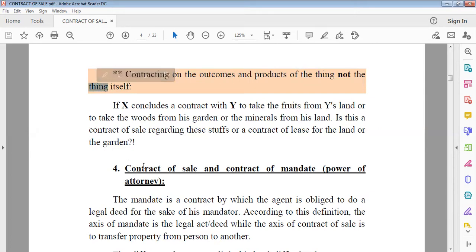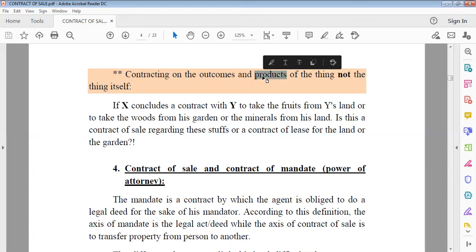Like when we take the fruits, is that affecting the trees? Like, do these fruits after they're taken affect the existence of the tree as a tree? Well, actually no, because the tree will remain. I only take the fruit of these trees. So these outcomes do not affect the gist of the thing itself.